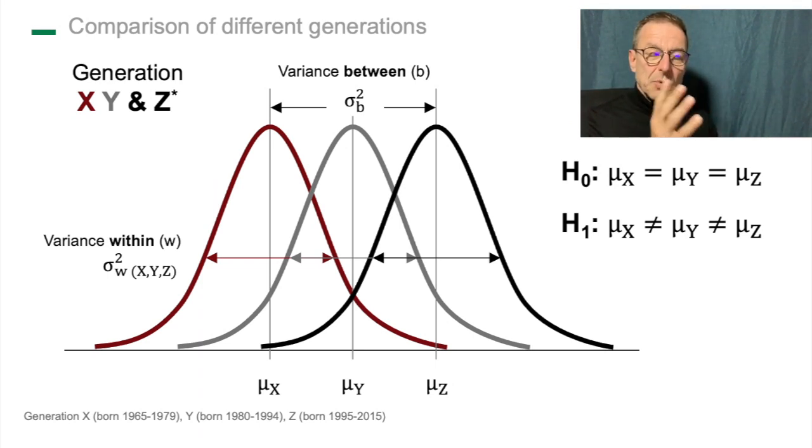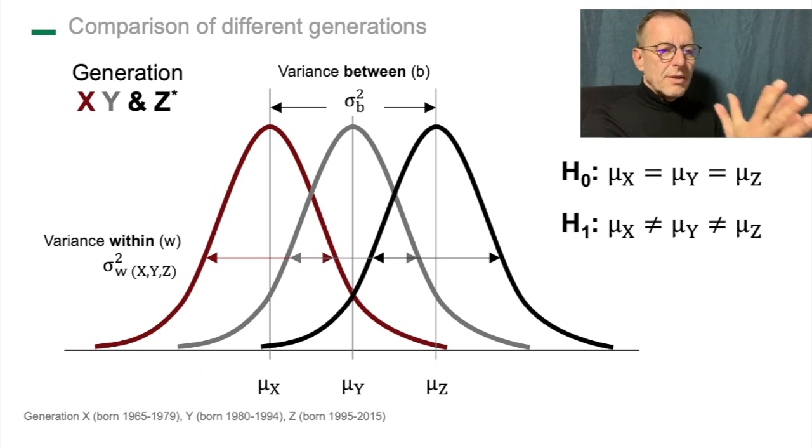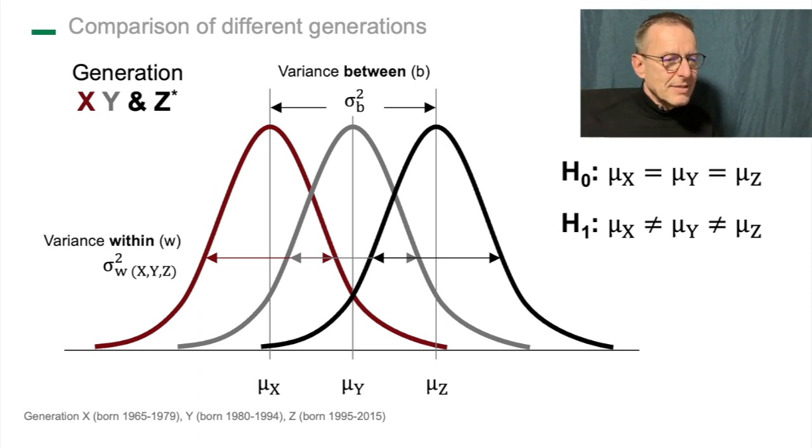Mu generation X is not equal to mu generation Y. It's not equal to mu generation Z. So, okay, this is the null hypothesis and the alternative hypothesis.